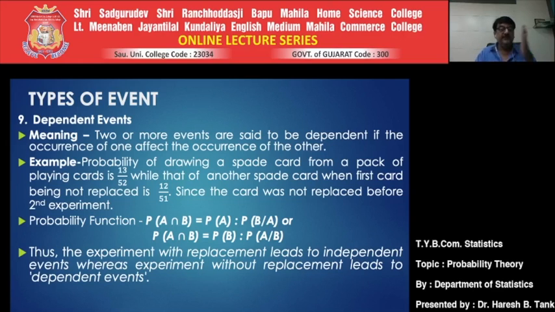If the first event is A and the second event is B, or it can be the other way around: the probability of event A and event B happening is equal to probability of B multiplied by probability of A oblique B. What do you mean by that?